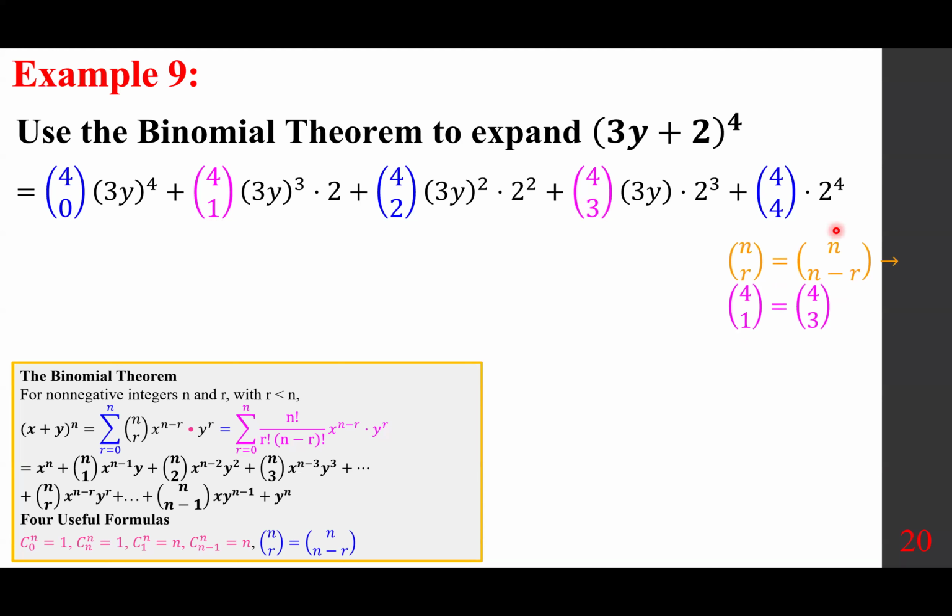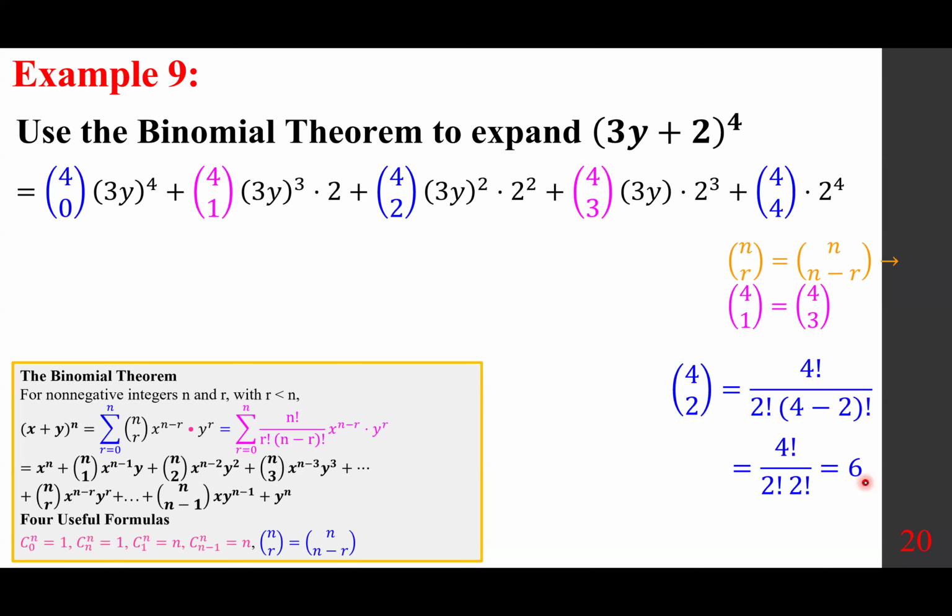So n minus r is n minus r. If we know this is 1, this we know is 1, this we know is 4, this we know is 4. All we have to calculate is 4, 2, which is 4 factorial over 2 factorial, 4 minus 2 factorial. And this is just 2 times 2, 4. This is 4 times 3 times 2, 3 times 2 becomes 6.